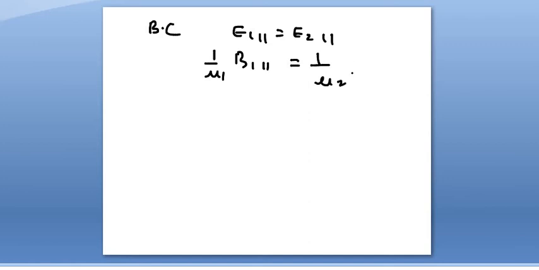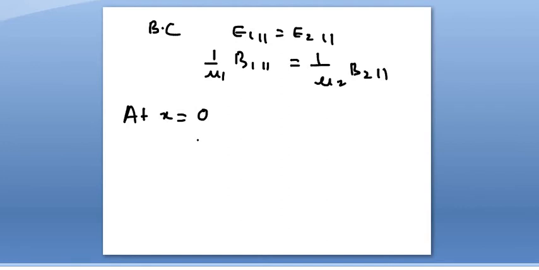What is the third boundary condition? E1 parallel is equal to E2 parallel, and 1 by mu1 B1 parallel is equal to 1 by mu2 B2 parallel. So using those boundary conditions, at x is equal to 0, what happens?